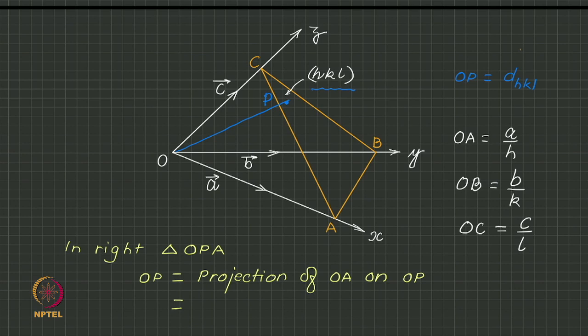So, we get these three intercepts and we drop a perpendicular. By the very definition of DHKL, the length OP is DHKL.